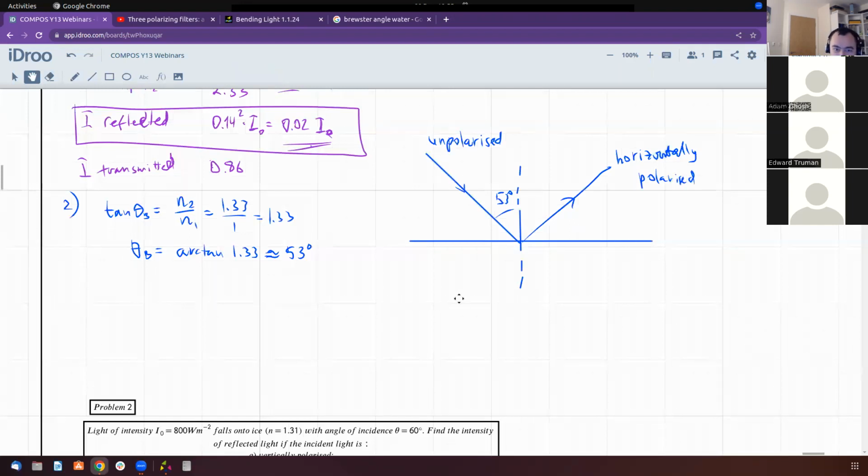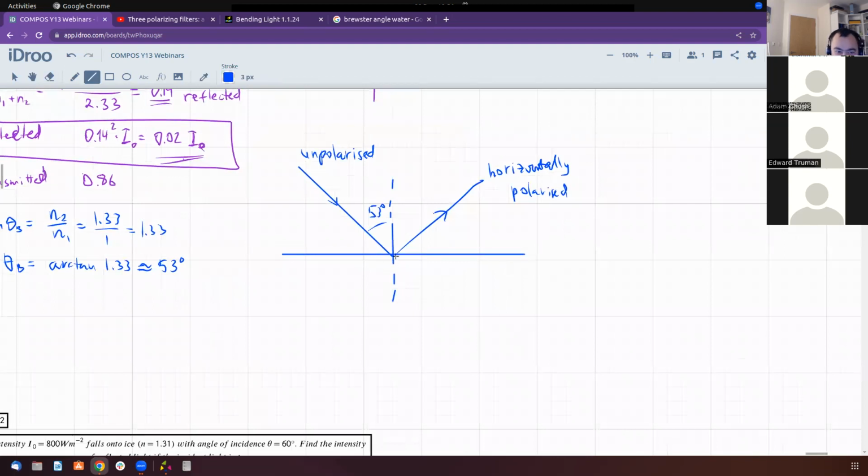So if light is shining at 53 degrees and you're looking at the surface of the water and you see the sun's reflection, and then you take polarizing sunglasses, which polarize vertically, so if you place vertically polarized sunglasses, you will not see the reflection of the sun in the water.